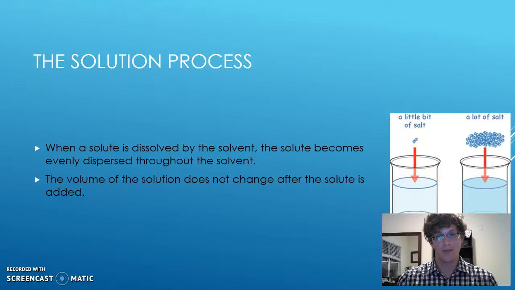So when you add 1 mole of baking soda and 1 mole of acetic acid, you know that there are 6.02 times 10 to the 23rd molecules of each that are going to interact and make a chemical reaction. So this is why we use molarity.